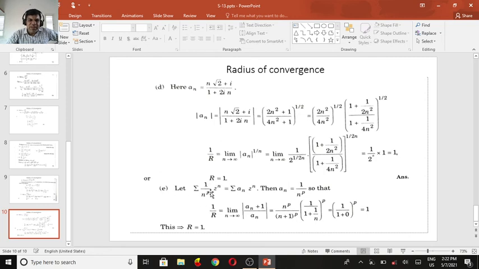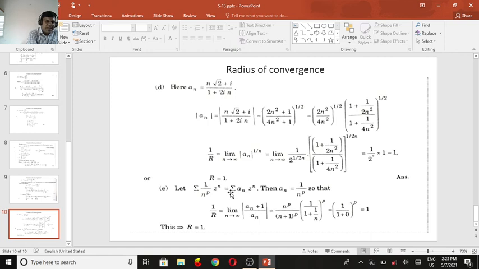So what about applying the test to the p-test form, the limit as n tends to infinity of 1 by n raised to p times z to the n? Again this compares to the power series form, summation a_n z power n. Here a_n is 1 by n raised to p. So 1 by r is equal to the limit as n tends to infinity of the absolute value of a_(n+1) divided by a_n, which is n raised to p divided by (n plus 1) all raised to p, that is 1 divided by (1 plus 1 by n) whole power p.